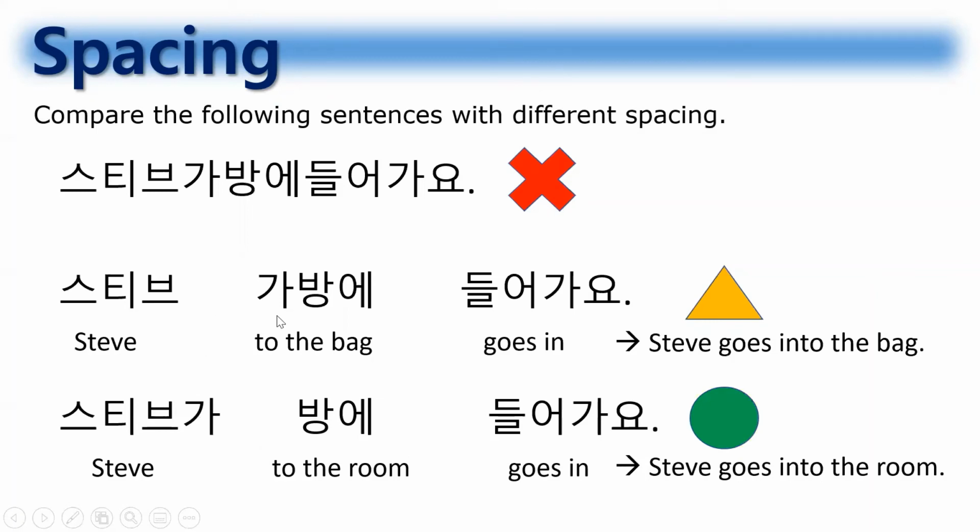Spacing is actually very different, right? If you misplace the spacing, the meaning becomes different, so the vocabulary changes. Please keep in mind that you have to follow spacing to deliver the correct sentence.